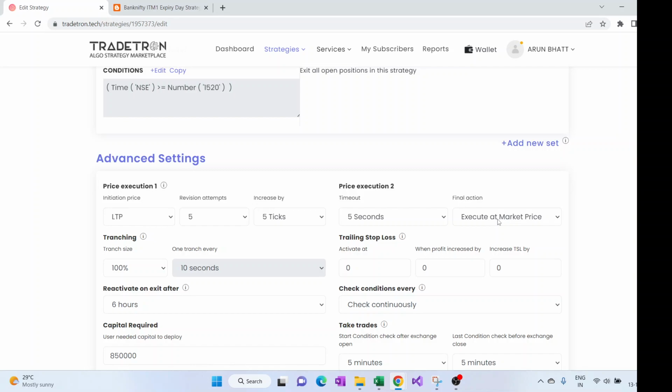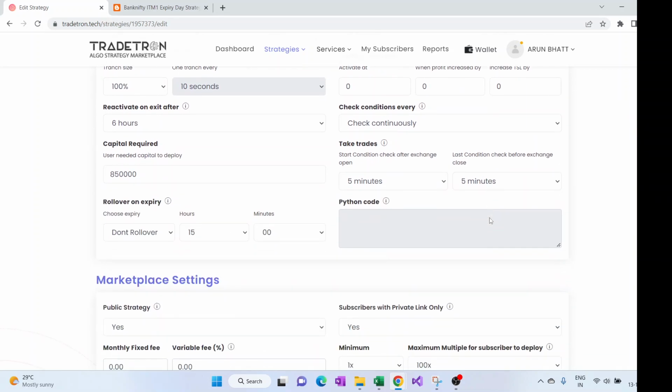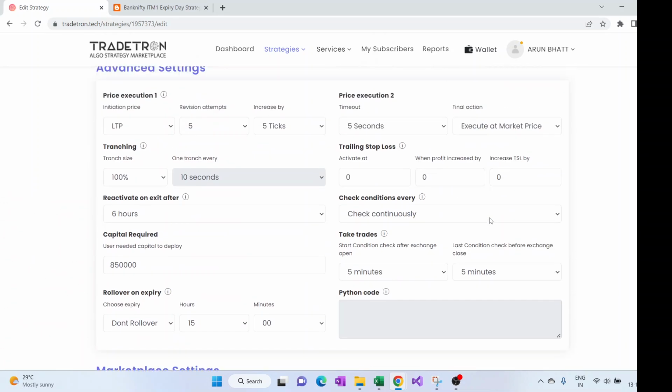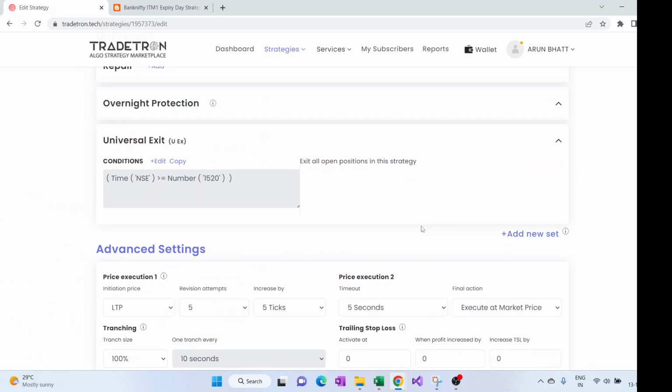So the option price might go beyond that, might become 33 or 34. In that case, TradeTron will error it out. So it will not get executed and someone has to handle it manually.